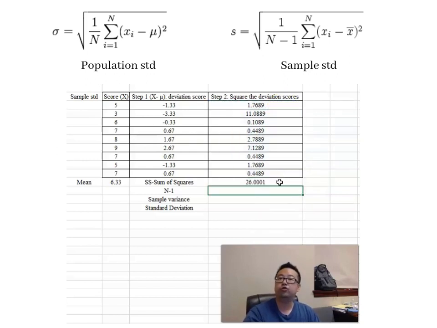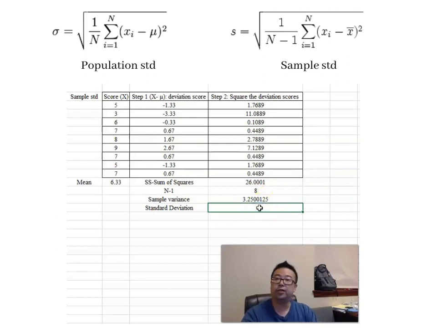Okay, you need to make sure that n minus 1 is the denominator. So 1, 2, 3, 4, 5, 6, 7, 8, 9. We have 9 cases, but that will be 9 minus 1. So the denominator is 9 minus 1. Sample variance is the sum of the squares divided by n minus 1, right?